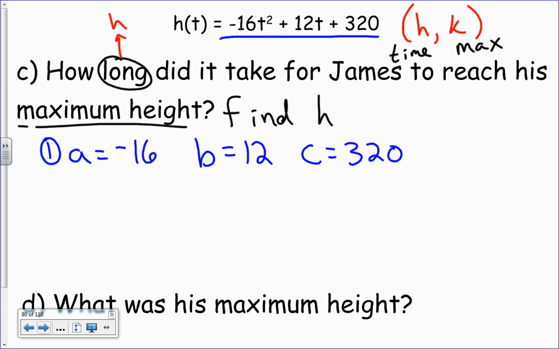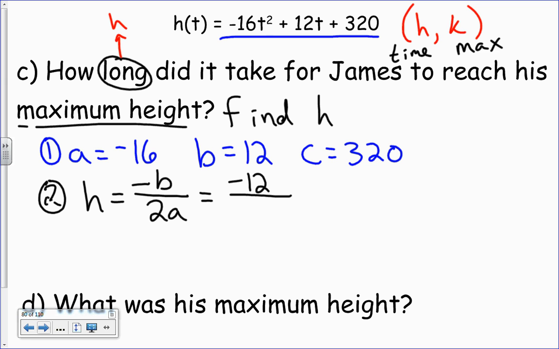And then the second thing we did was we found h by doing opposite B over 2 times A. And in this case, the opposite of B would be negative 12. And then 2 times A, we'd have 2 times negative 16. Now, it's okay if this is a decimal. Doesn't matter.